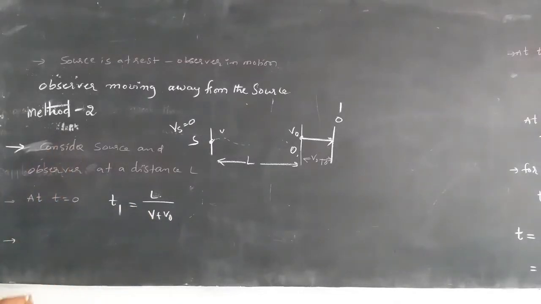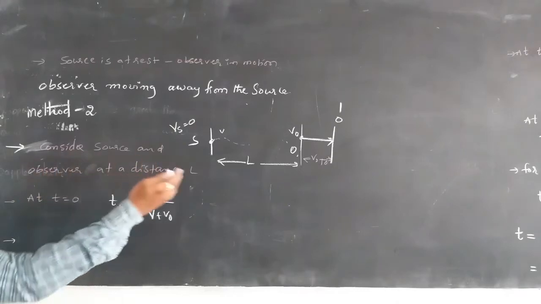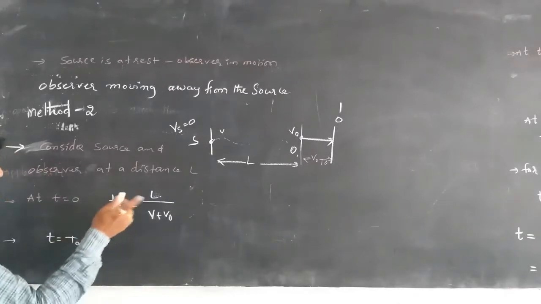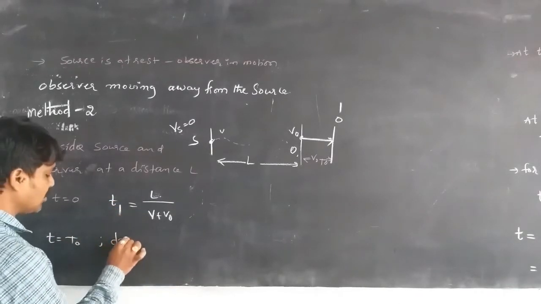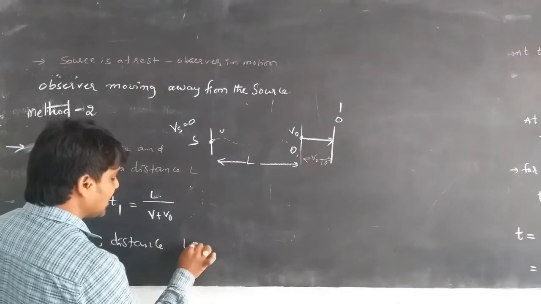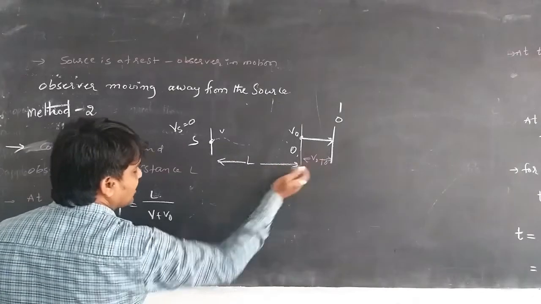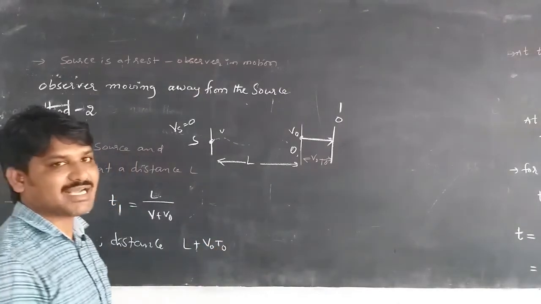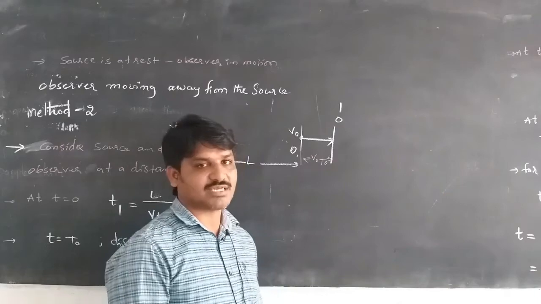After some time, T equal to T0, the observer has travelled a distance V0 T0, so the total distance is L plus V0 T0.